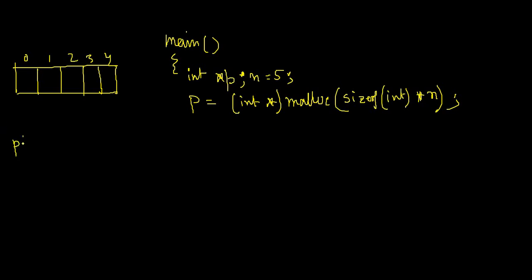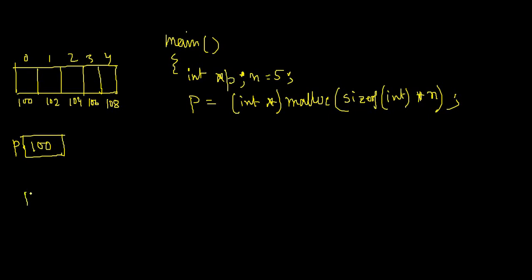So what is the content of P? Suppose the address is 100, then obviously the next is 102. If I consider an integer taking 2 bytes, it will be 104, 106, and 108. Now the content of P will be the first address of the array, that is 100.